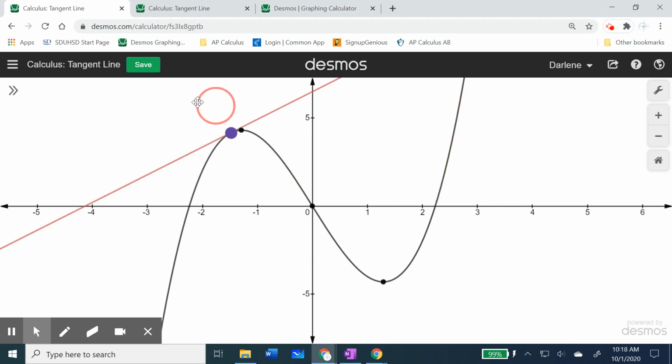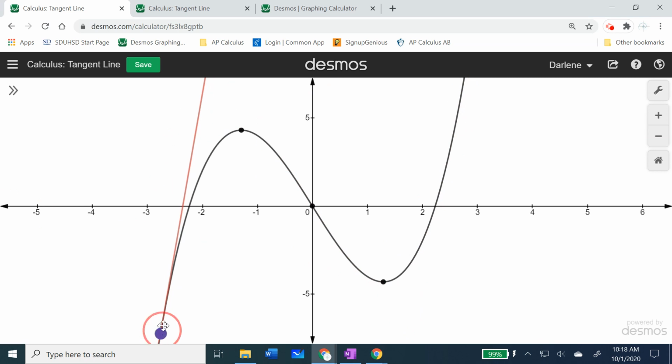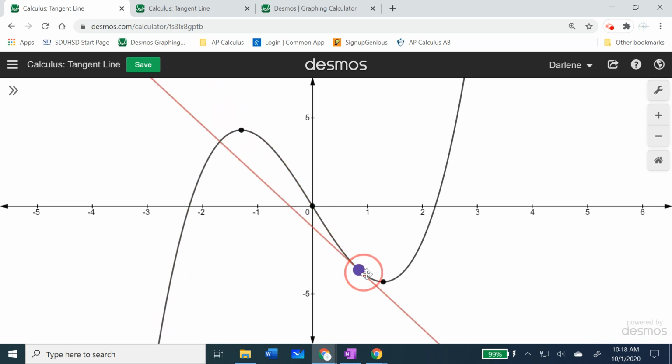If I am moving time in the positive direction and I am looking at the slope and how does the slope change? And if I didn't say it yet, this is the graph of a position function. That means that the velocity is the slope of the line. The speed is the absolute value of the slope of the line.